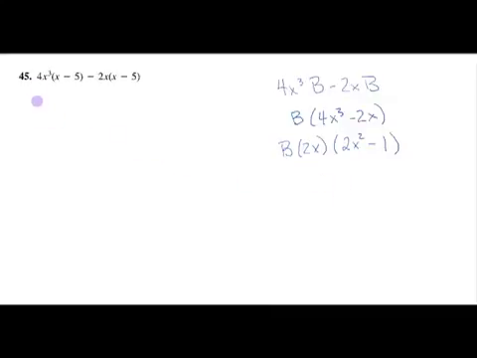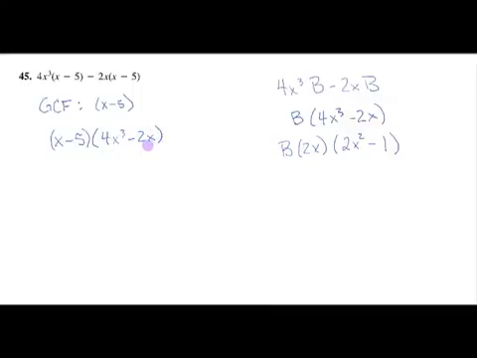So let's apply this over here. I have a greatest common factor of x minus 5. So I'm going to take out an x minus 5, and I'm going to be left with, let's put that in parentheses, I'm left with a 4x cubed minus 2x.